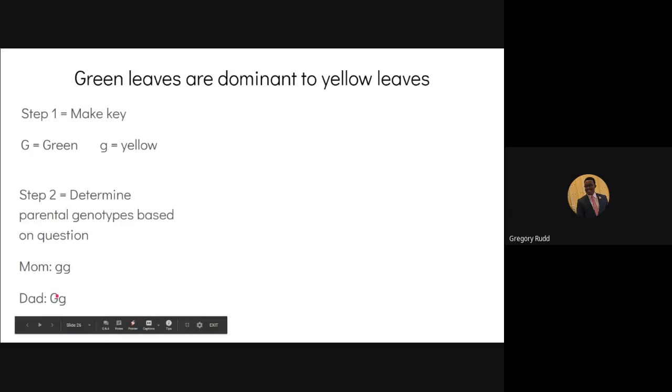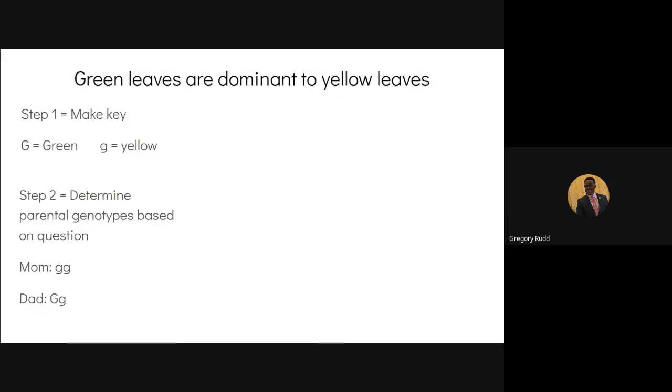If I've got a capital G and a lowercase g, I've got one of each. It's a hybrid. What do I call this? If I have one of each. Thank you, Jessica. It's called heterozygous, HE. So I've got a homozygous recessive parent and I've got a heterozygous parent.